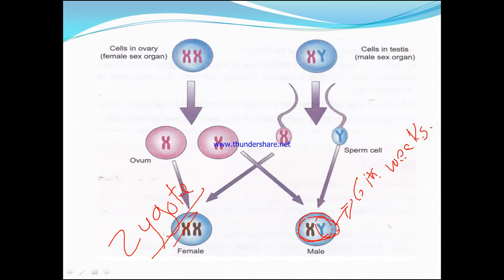This hormone gives the order to differentiate the cells to form testes and the male genital tissue. But if the zygote contains X and X, there is no Y chromosome, so there is no hormone responsible for differentiation of the gonads to give testes or male genital tissue.